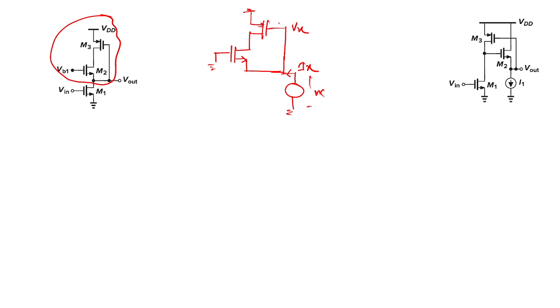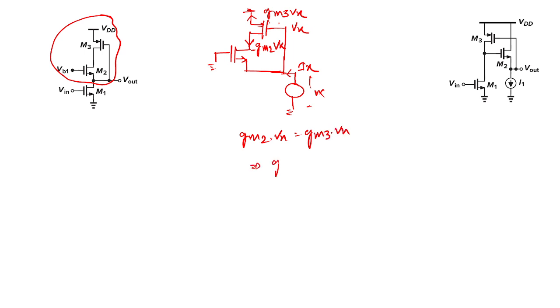The amount of current flowing in this direction will be GM3 into Vx, and here the current will be GM2 minus GM2 into Vx. So you can write like GM2 Vx is equal to GM3 Vx.